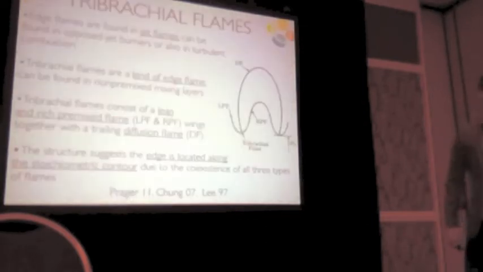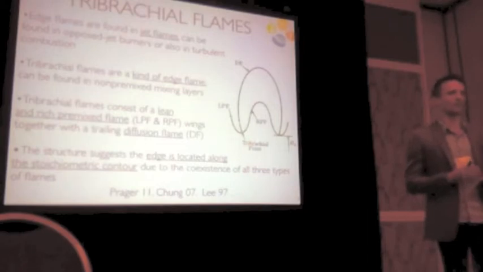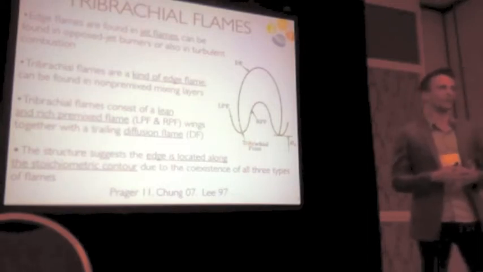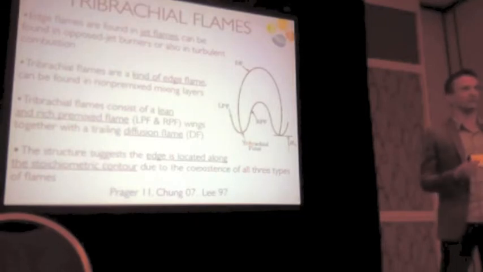So first, if somebody doesn't know, when a flame propagates through fuel/air mixing layers, it may exhibit a trilateral structure, especially if the fuel is stratified, ranging from lean to rich.